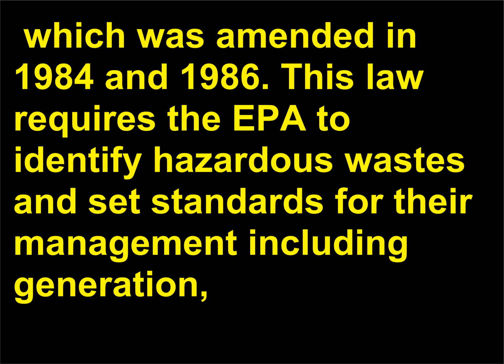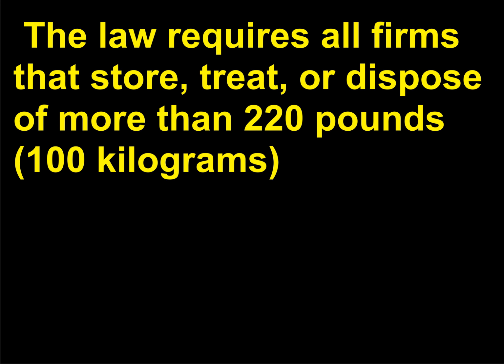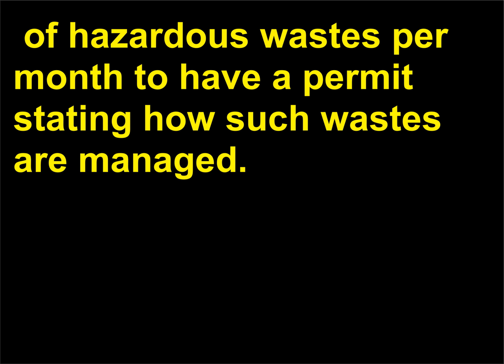This law requires the EPA to identify hazardous wastes and set standards for their management, including generation, transportation, treatment, storage, and disposal of hazardous waste. The law requires all firms that store, treat, or dispose of more than 220 pounds, 100 kilograms, of hazardous wastes per month to have a permit stating how such wastes are managed.